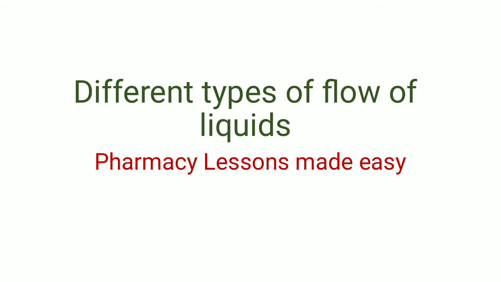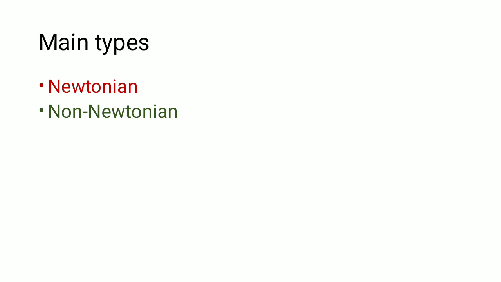So, based on Newton's law of viscous flow that we started in the previous video, the fluids are classified majorly into two categories. These two categories are Newtonian fluids and non-Newtonian fluids. Those fluids which follow Newton's law of viscous flow are known as Newtonian fluids, whereas those which do not follow it will fall under the category of non-Newtonian ones.